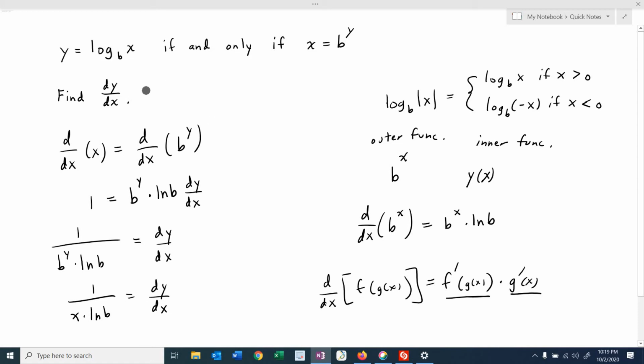So we just found the derivative of this logarithmic function. It's just 1 over x times the natural log of b.